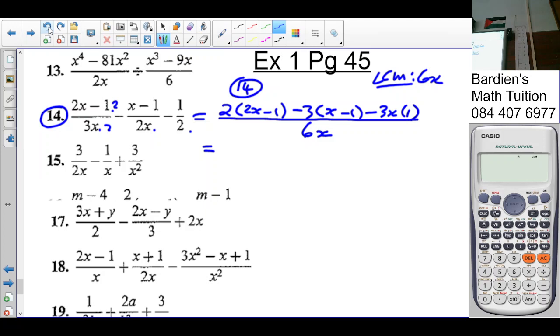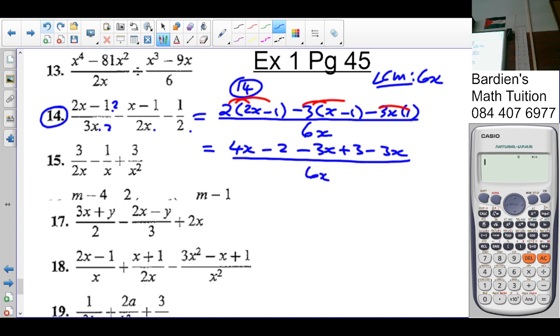Multiply. Get rid of the brackets, no? What do we get? 4x minus 2 minus 3x plus 3 minus 3x over 6x. So what is 4x minus 3x? 4x minus 3x minus 3x is negative 2x, minus 2 plus 3, over 6x.